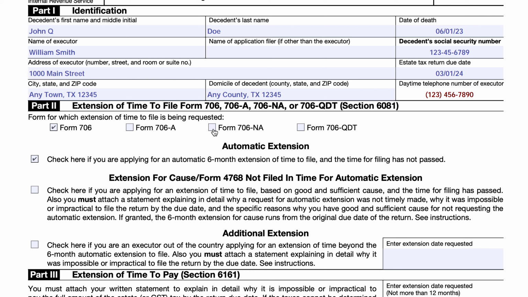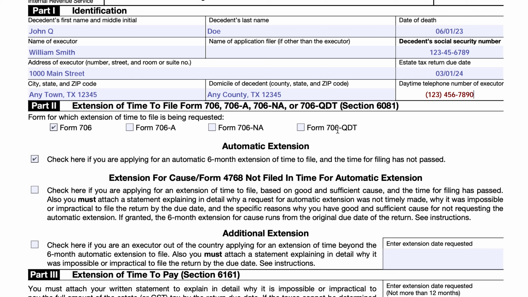You can choose 706-NA, which is the estate tax return for the estate of a non-resident who's not a citizen of the United States. And finally, Form 706-QDT, which is a tax return for qualified domestic trusts.